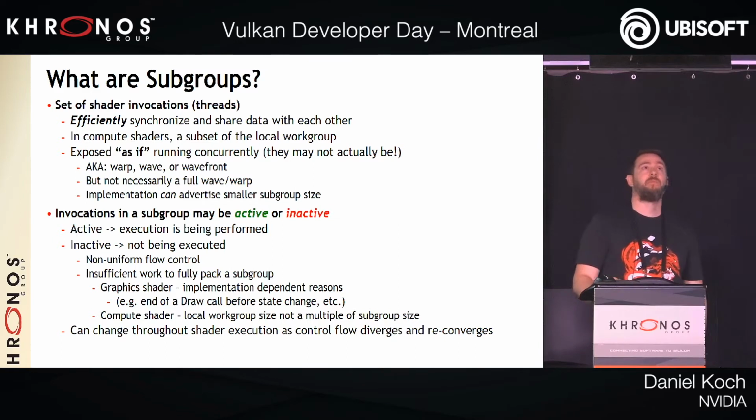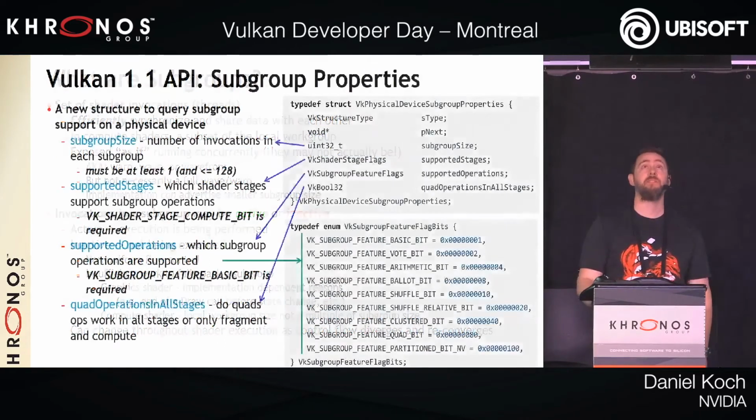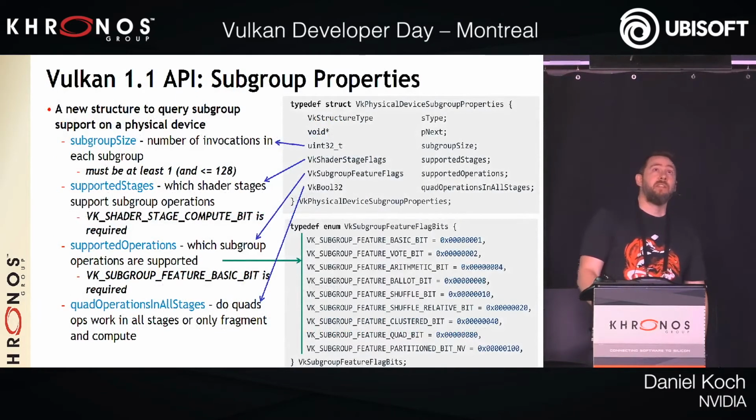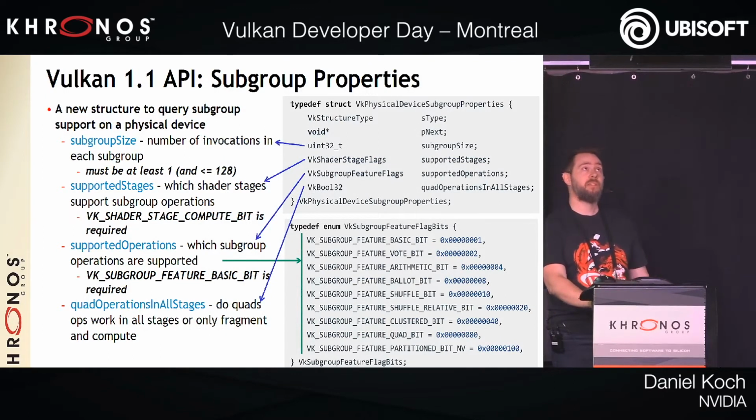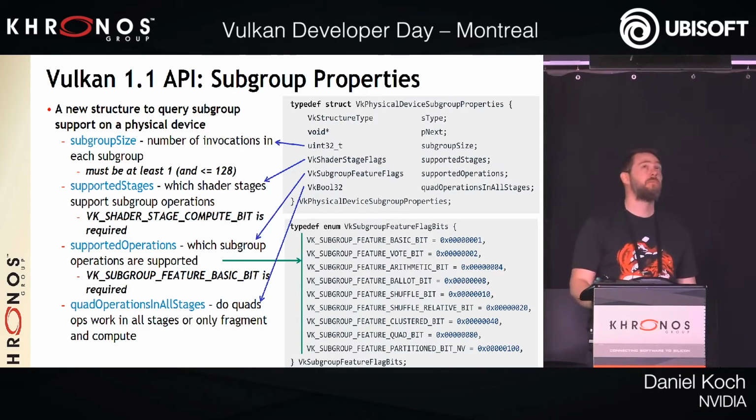In compute shaders, if your local workgroup size isn't a multiple of the subgroup size, there are going to be some inactive invocations. You need to keep in mind that these can change through the shader as you execute through the code, based on the flow control as it converges or diverges and possibly reconverges. So in Vulkan, there are a number of properties that you can query about that. First, there's the subgroup size.